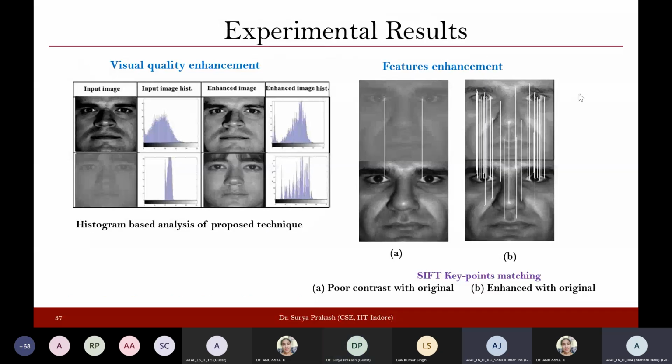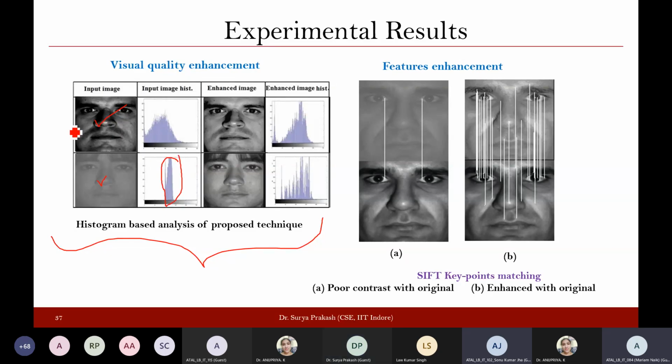So you see here, on the left side, an example where enhancement of the contrast is being done and the quality is being inspected visually. This image has a little poor contrast. You see that all the pixels are accumulated at one place.